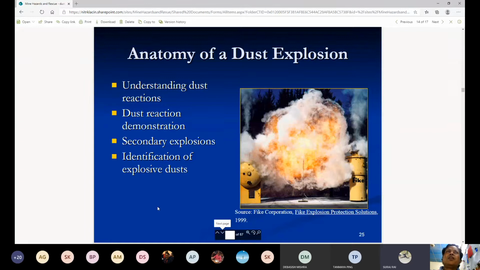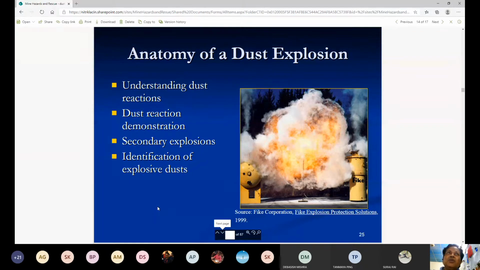In the previous class, we discussed coal dust explosion. In continuation of that, what is the anatomy of a coal dust explosion?